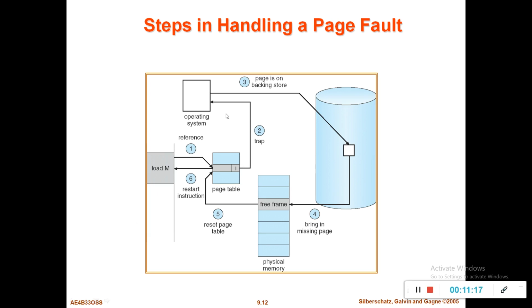When that trap is raised, the operating system will locate the page in the backing storage area. This is the third step. Then the OS will find a free frame in the physical memory, and in that free frame the missing page will be brought in. Once the page is loaded into the memory, you reset the page table with a valid bit.